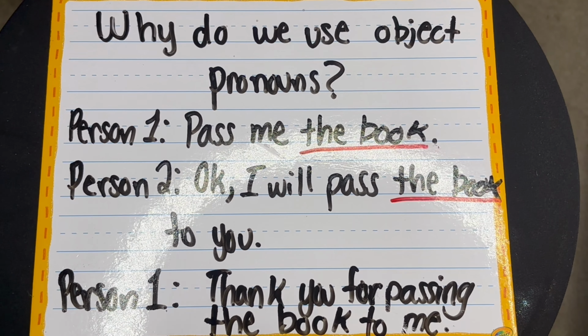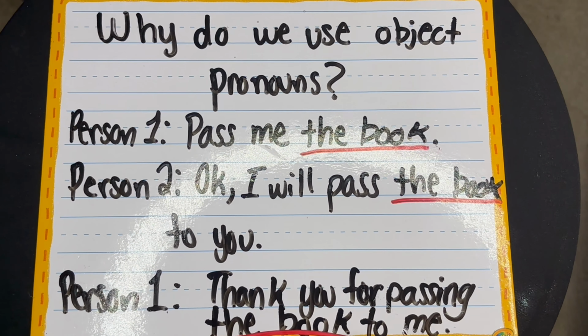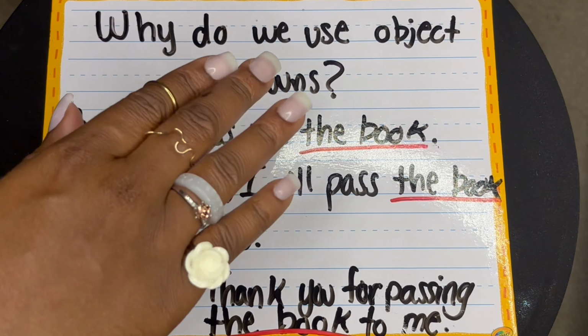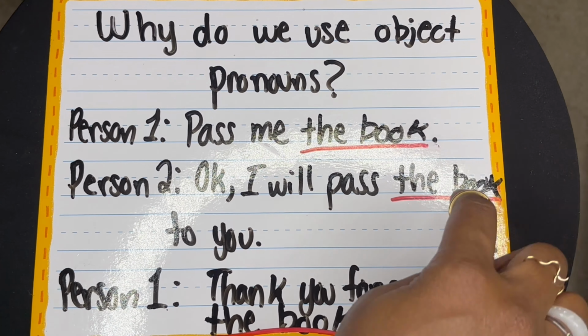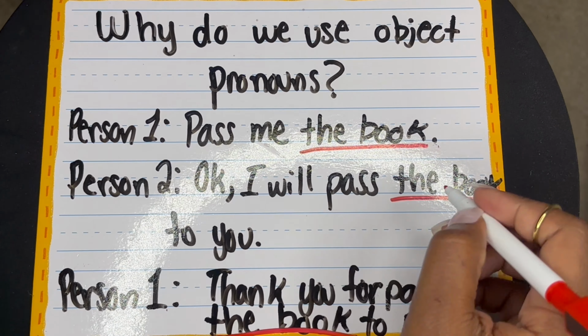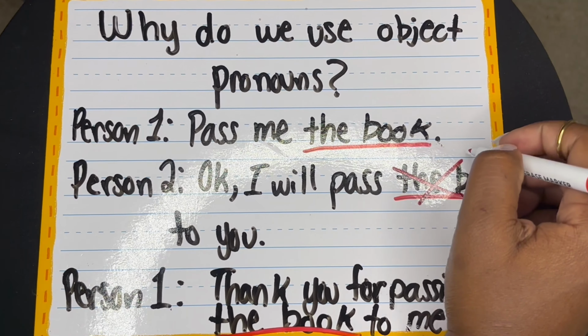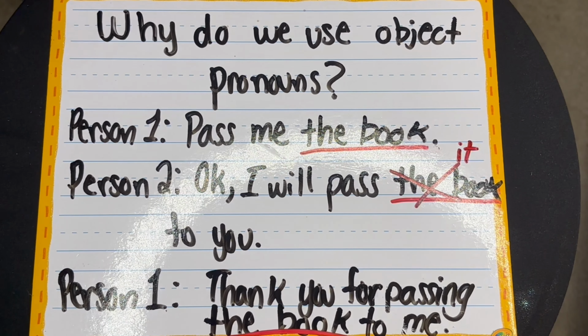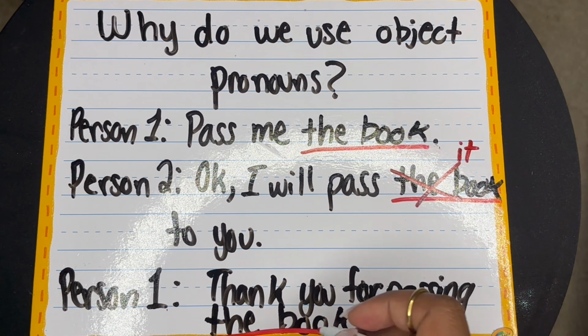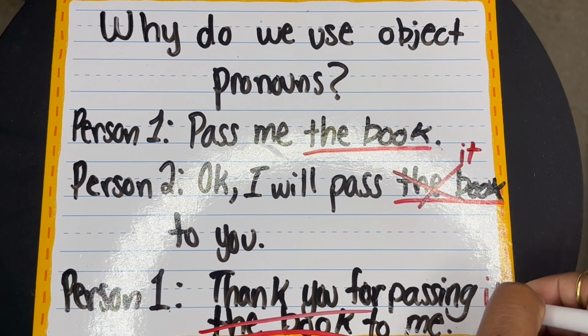Person number one again, thank you for passing the book to me. That sounds ridiculous, right? Because we're saying the book, the book, the book in every sentence. Once it's already been mentioned the first time, we don't need to keep saying the book. We can just say it. So person number one, pass me the book. Person number two, okay, I will pass it to you. Person number one again, thank you for passing it to me.